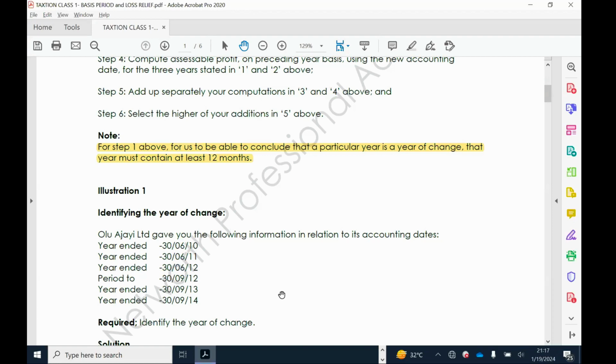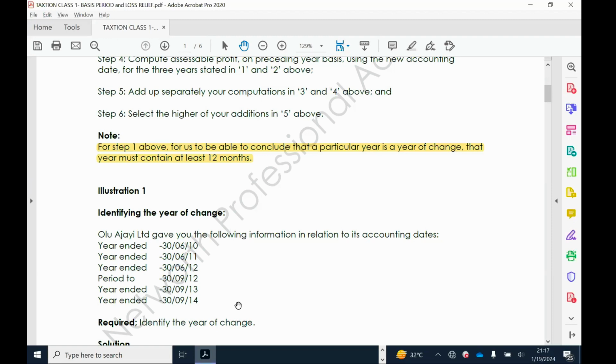Yes. This particular question is actually an extract from a past question. You will see the remaining part of the question further down. But for step one, that is the reason why I extracted it like this, because I know people make mistakes with it a lot.